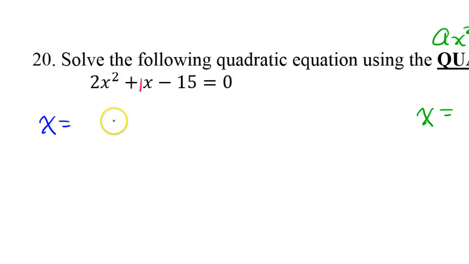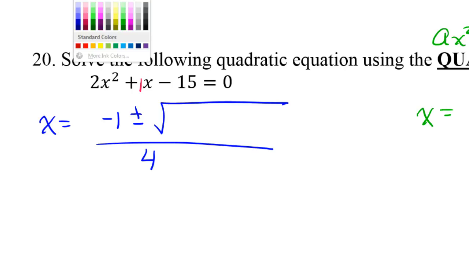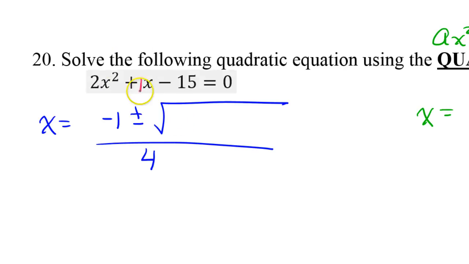Opposite of b would be negative 1, plus or minus the square root. 2a is 4, all over 2a, that's all over 4. But anyway, the discriminant, b squared minus 4ac, well, that's 1 squared minus 4 times 2 times negative 15. Alright, there's my discriminant.